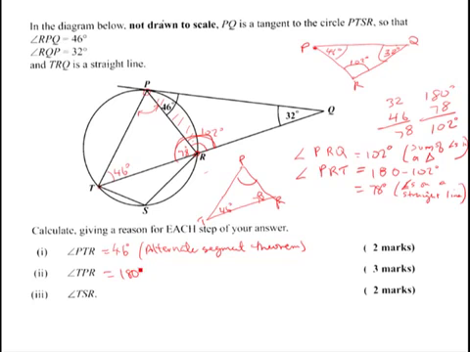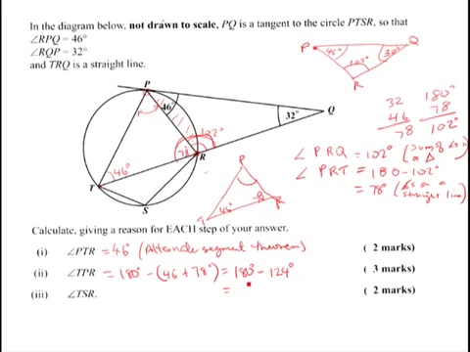That's going to be 180 degrees minus the sum of 46 plus 78 degrees, which equals 180 degrees minus 124 degrees.